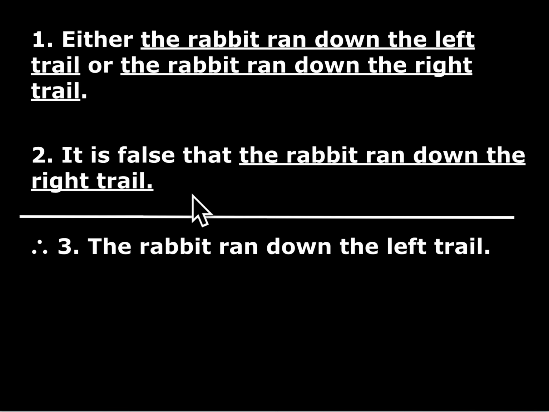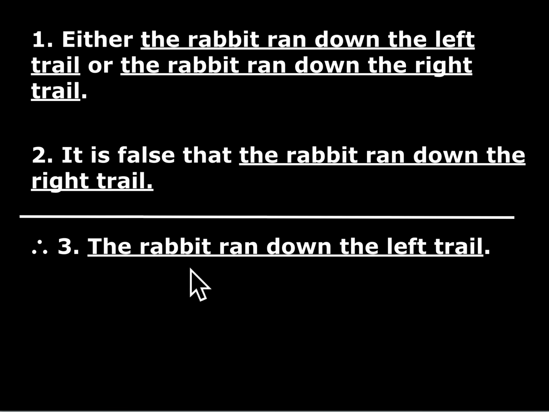I emphasize this because sometimes students think that a compound statement has to have two atomic statements or two components that are themselves statements. And that's not necessarily the case. Sometimes it could have one part and still build up a larger part out of that one part, like premise 2 here. But that part is compound because it also has this, it is false that.